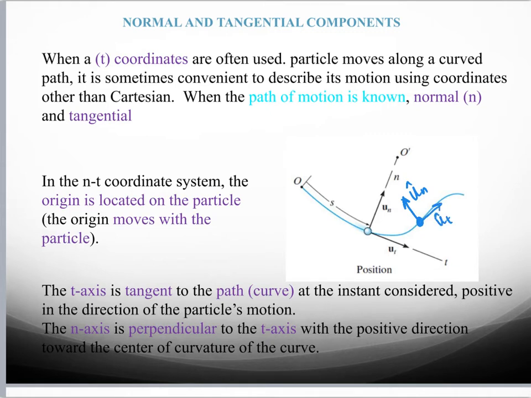But in any case, those are our two components. The tangent direction is always going to be in the positive direction of the motion, and the normal component always goes towards the center of curvature. So for instance, when we're going around like here, the center of curvature is over here, but if we continued along, the center of curvature would move over here, and then there would be the direction of the normal. So think about that.